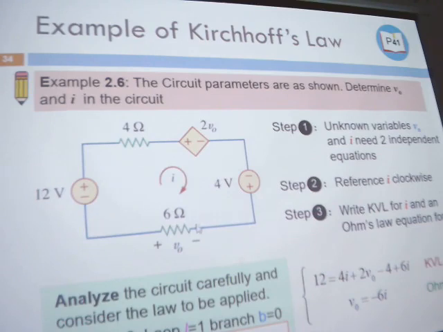But in my mind, I use passive sign convention. So this one is from the passive sign convention, and then from this one we need to find the VCR equation. So for this one, our V0 has its positive sign here, which is opposite to the 6I. Understand?